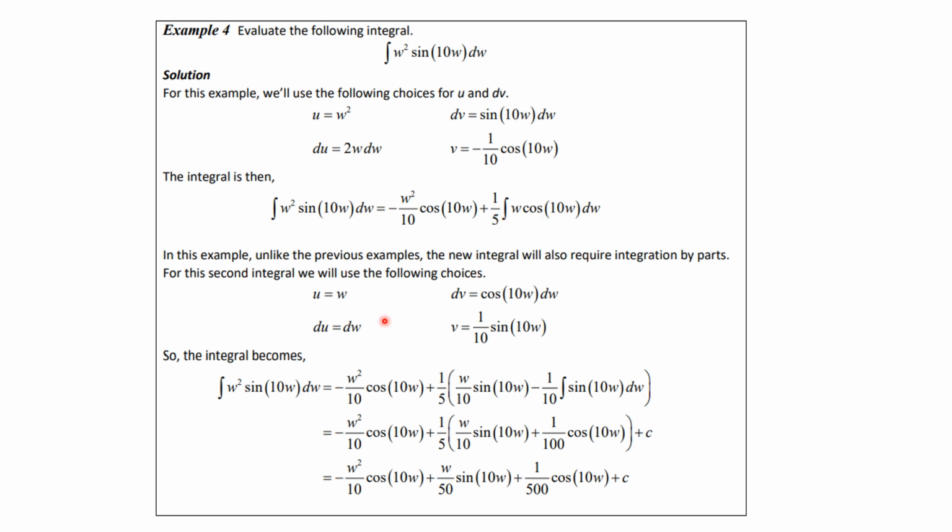So we're going to let u be w, then du is calculated to be dw. Everything else except for the w is dv, so we integrate this and we get 1 over 10 sine 10w. So you see this integral is going to be what we had before, and then we integrate it by parts again, we distribute and we simplify, and this is what we get for our final answer.